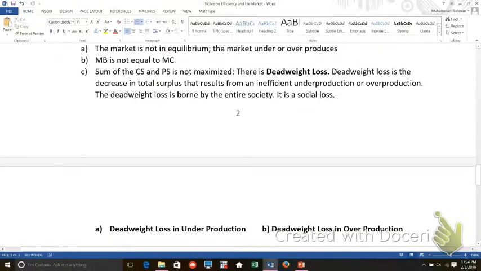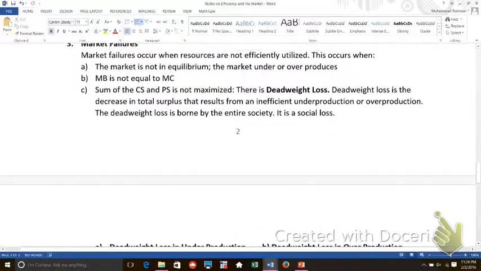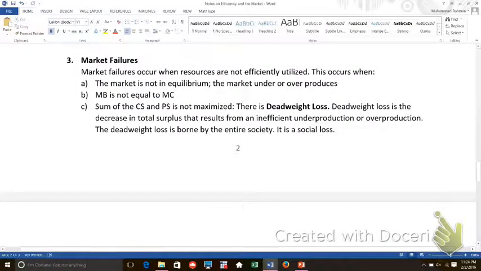Market failures will occur when there is either overproduction or underproduction, which means that whenever the economy is producing too little or too much, the economy is not efficient.